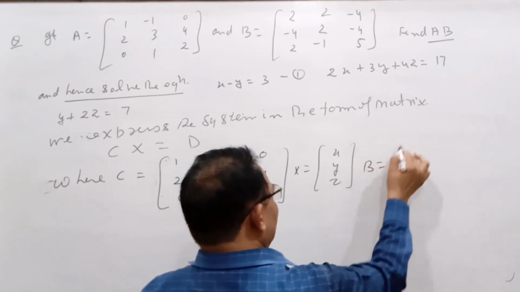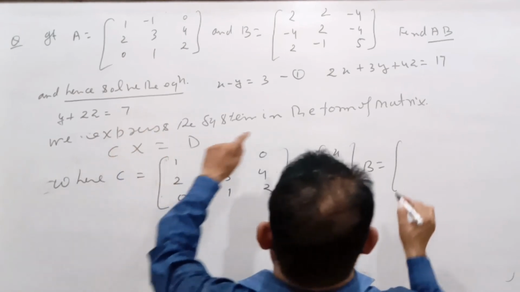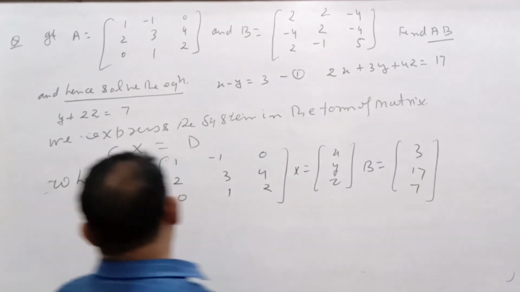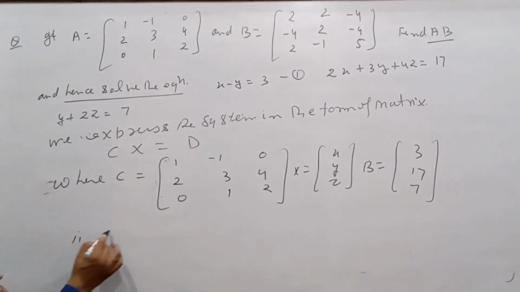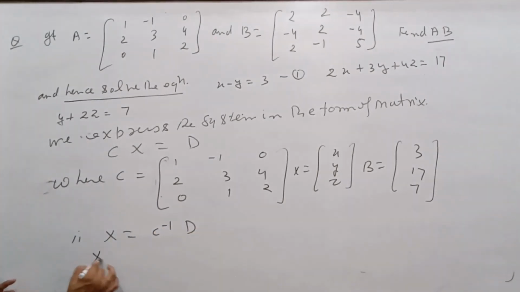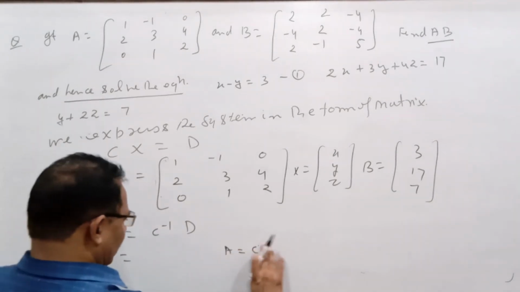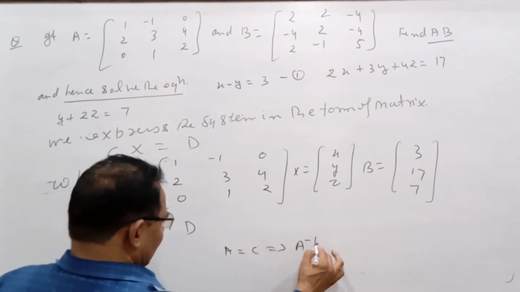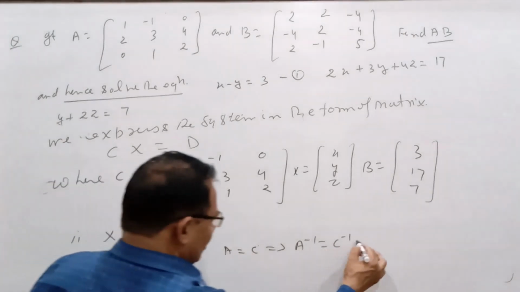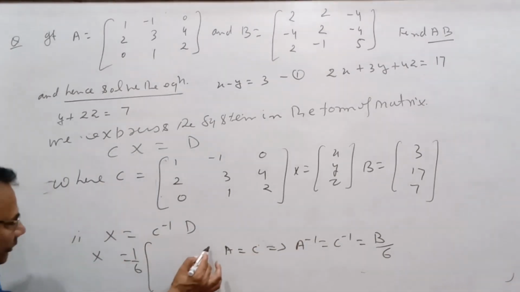and the matrix D is equal to the constant matrix 3, 17 and 7. Now, therefore x is equal to C inverse D. But here you see A is equal to C, this implies that A inverse is equal to C inverse, and C inverse is equal to B upon 6, that is 1 upon 6.